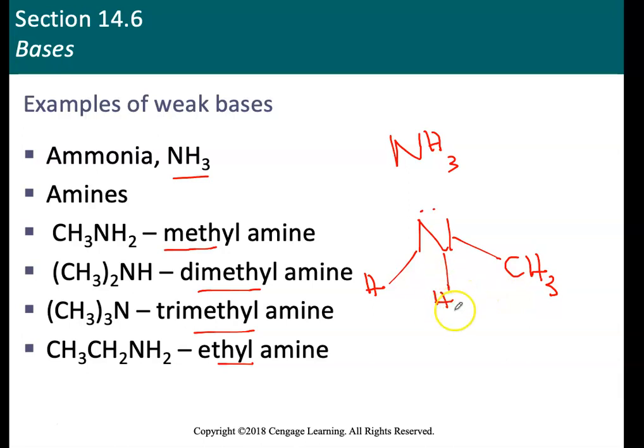And you can remove this hydrogen and substitute it with another methyl group, that will be dimethylamine. And you can remove this and substitute it with another methyl, that will be trimethylamine. So that's the nature of the structure of the amines. And you will see this nitrogen with a lone pair in all these structures.